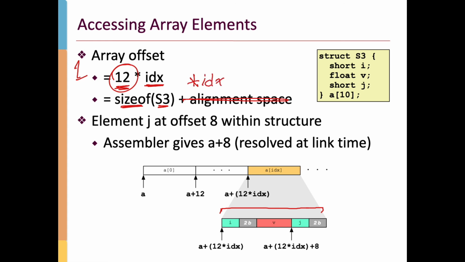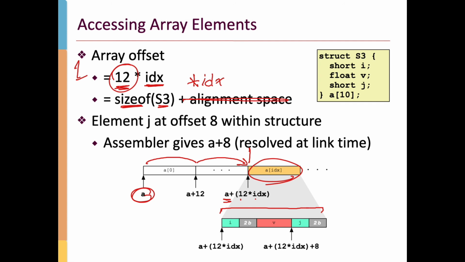Once we've gotten to that location, if IDX is, in this case, 2, we're going to skip forward 1, 2, structures' worth of memory to arrive at the structure that we're trying to access. That's going to be at 12 times IDX, plus the base address of the whole array, of course, which is going to be located somewhere in memory by the compiler and the linker.